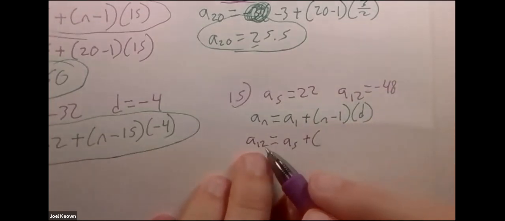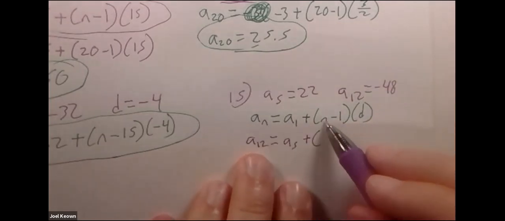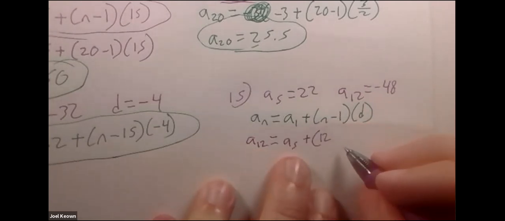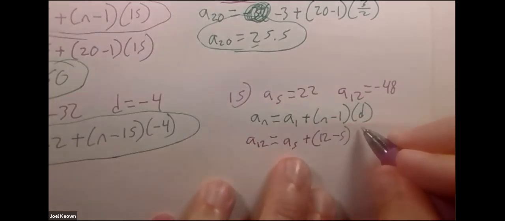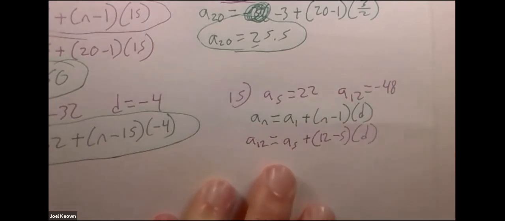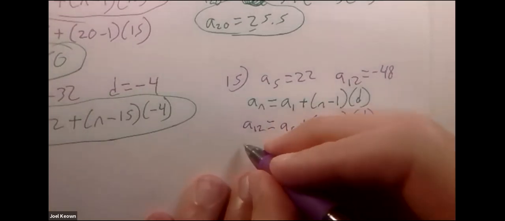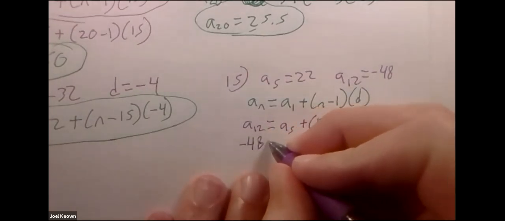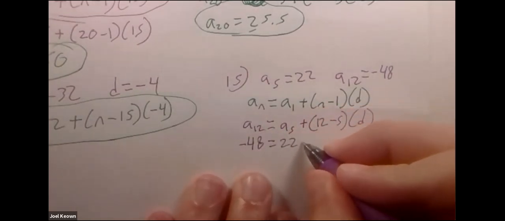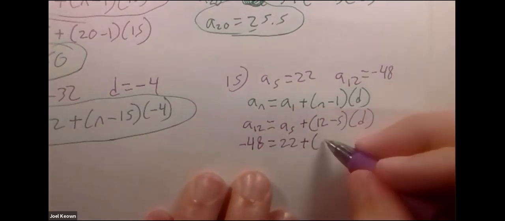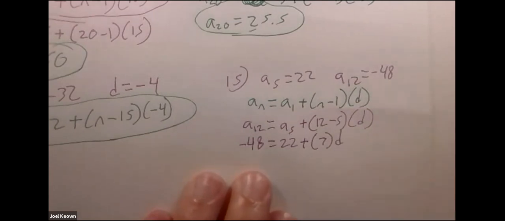And then if I put 12 in for n, then I need to put the number 12 here. I put 5 in for 1, so I need to put a 5 here. And there's my difference. Well, what is a sub 12? Well, a sub 12 is negative 48. A sub 5 is 22. And I'll simplify: 12 minus 5 is 7 times d.